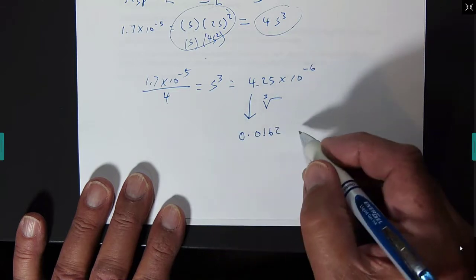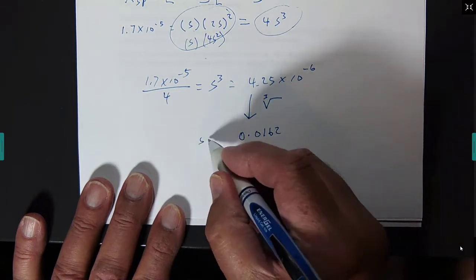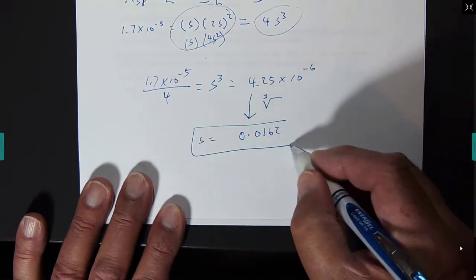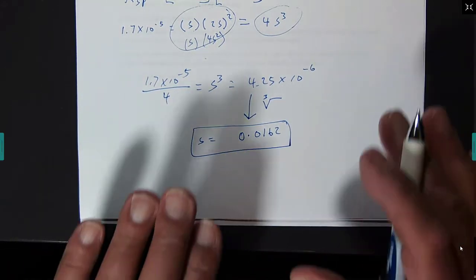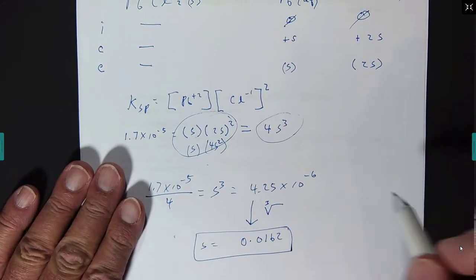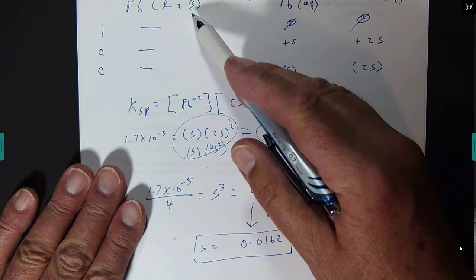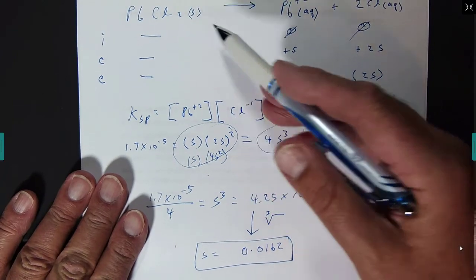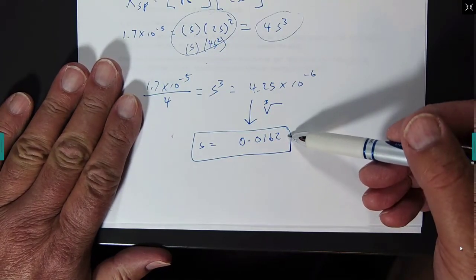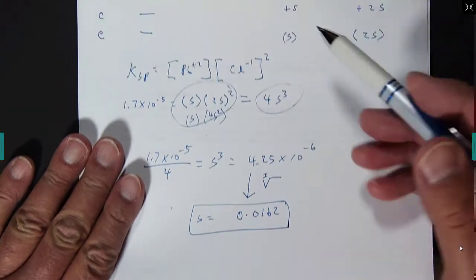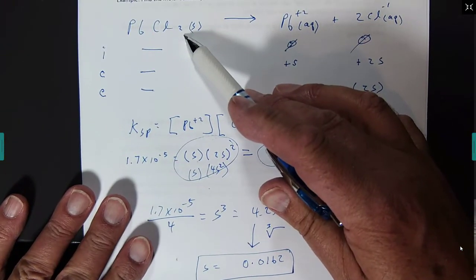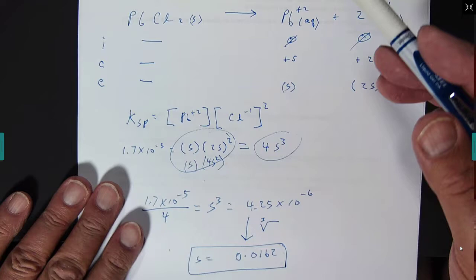So at this point you'd say S, your molar solubility, is that. In other words, a saturated solution of lead 2 chloride will have 0.0162 molar concentration of lead 2 chloride.